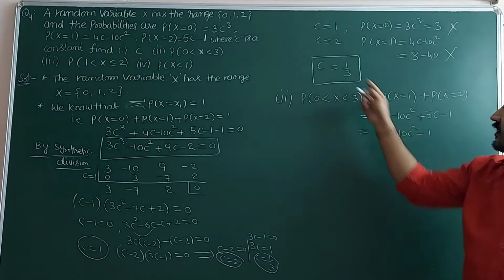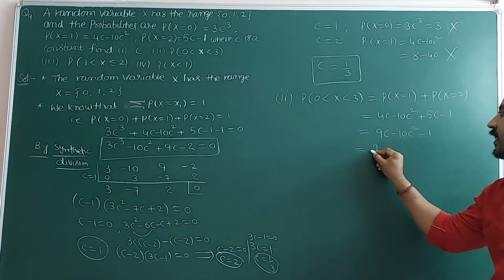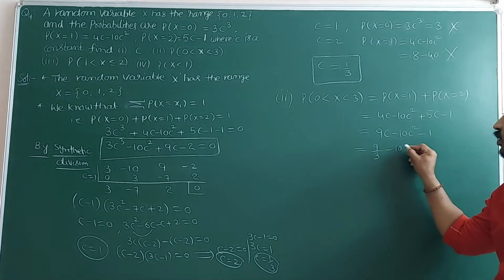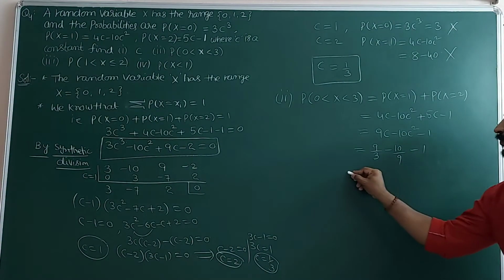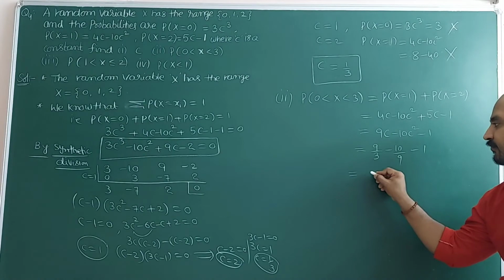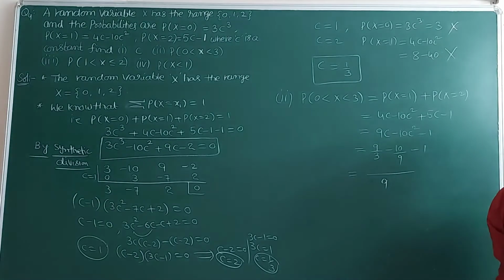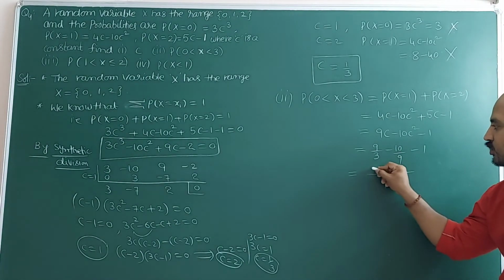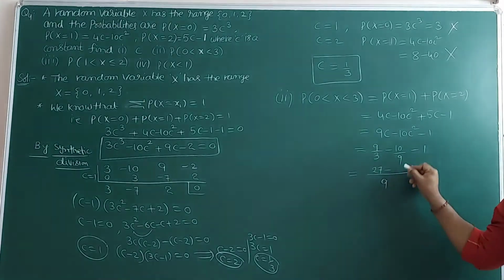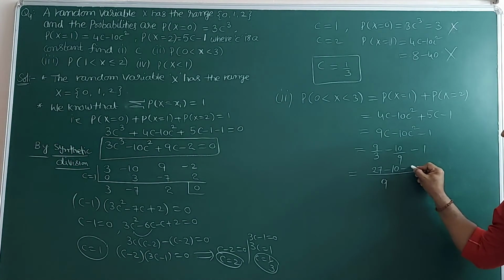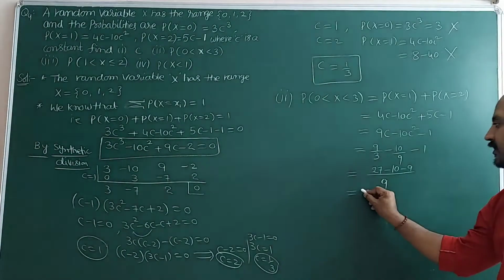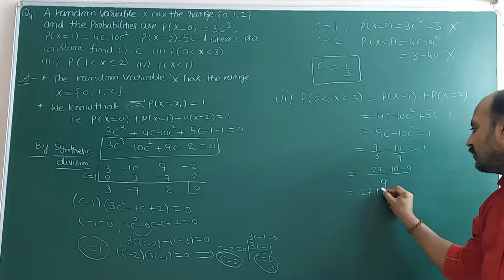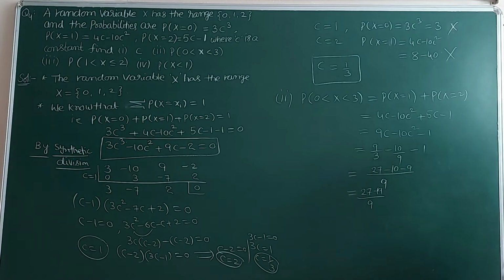C value 1 by 3 substitute here. 9 into 1 by 3 minus 10 into 1 by 3 whole square, 1 by 9, minus 1. So take LCM. 9 is the LCM. 3 3s are 9, 27 minus 10 minus 9. So 27 minus 19 divided by 9.